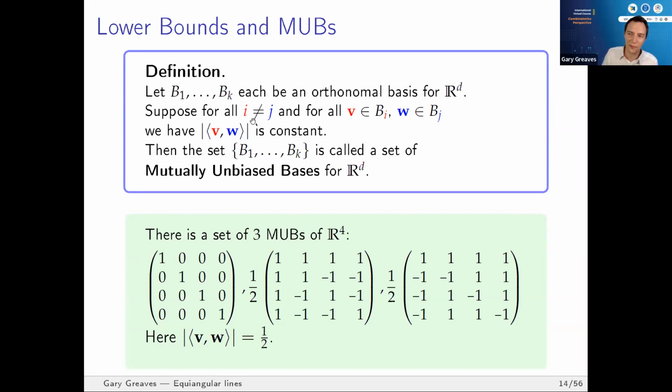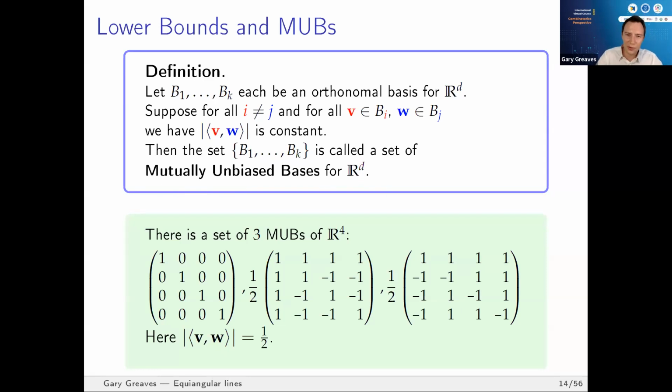Suppose that for all I not equal to J, and for all vectors V in basis BI and W in basis BJ, the absolute value of the inner product of those two vectors is constant. If this holds, then we say that this set of bases is called a set of mutually unbiased bases for R to the D.